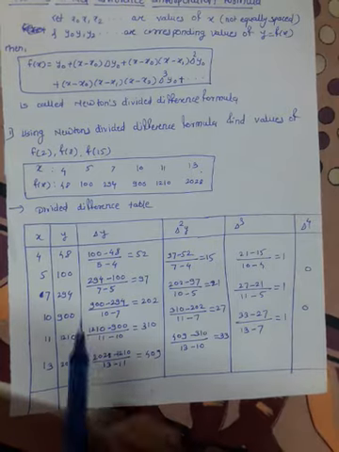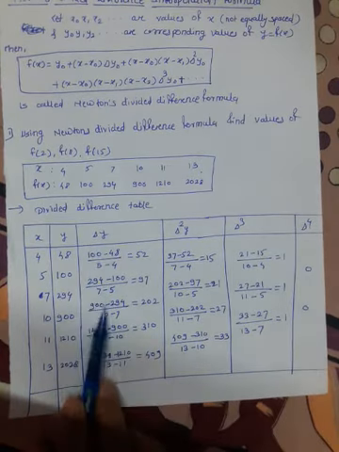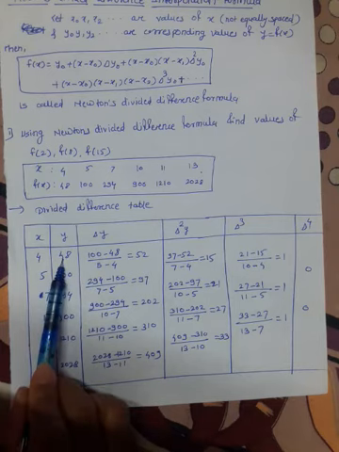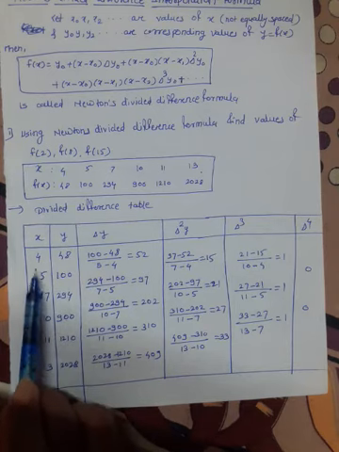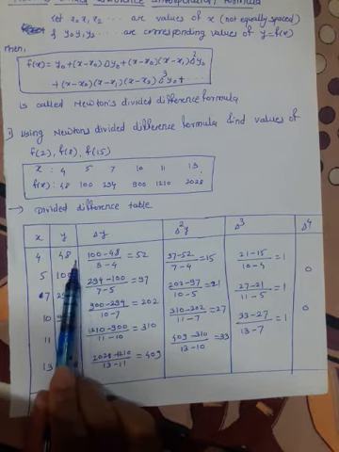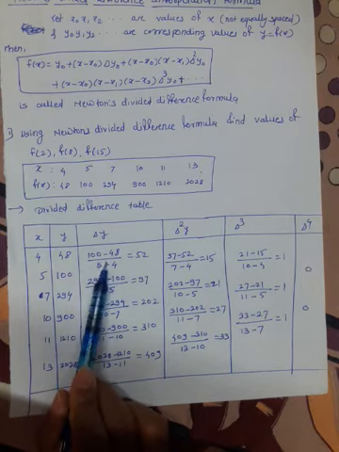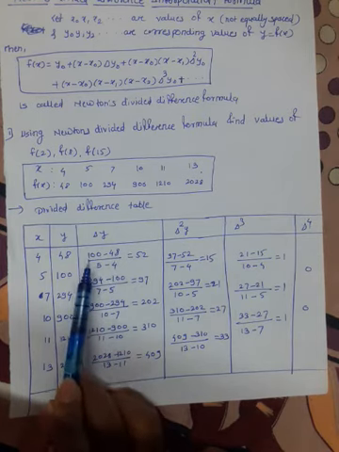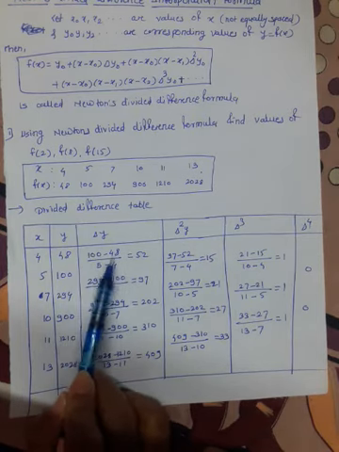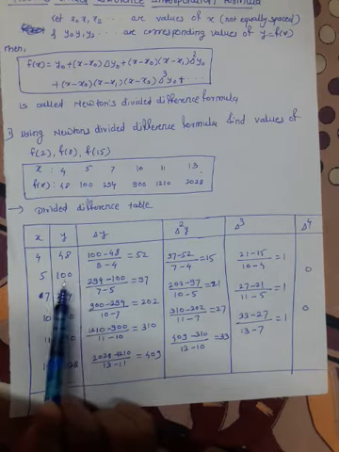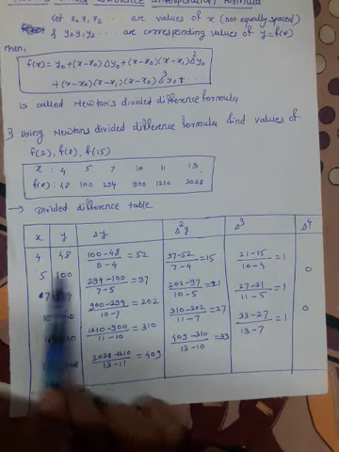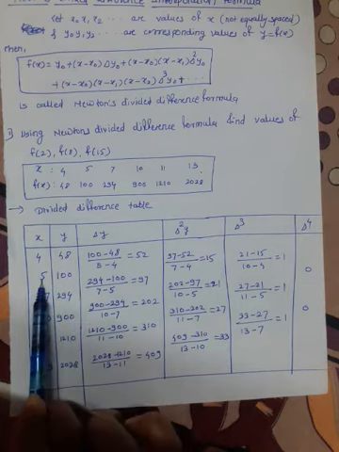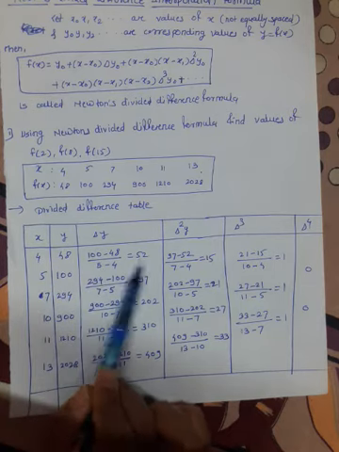First, how to calculate? See, del y, the first del difference, is 100 minus 48 divided by 5 minus 4. How to calculate? This is a divided difference table, that's why it is in the form of a division of two terms. Which two terms? The difference of y divided by the difference of the corresponding x. 100 minus 48 divided by 5 minus 4, 52.